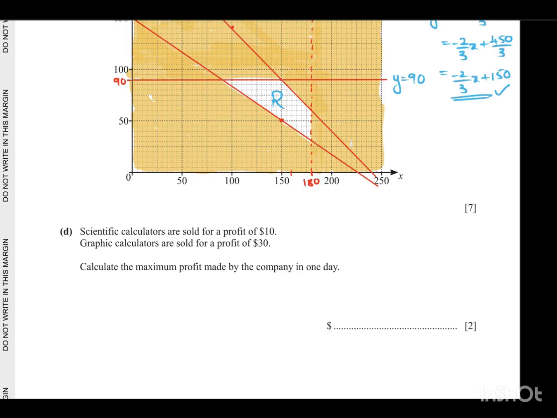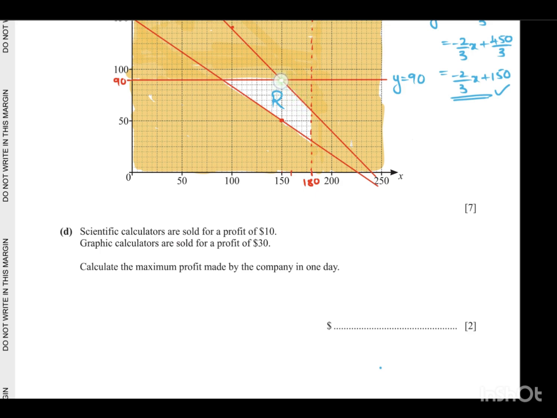Question number D. Scientific calculators are sold for profit $10 and graphic calculators are sold for profit $30. Calculate the maximum profit made by the company in one day. So here, when you see the region satisfying, there are points where we can calculate the profit, and the highest point will be this point where x is 150 and y is 90, because if I take any other point it will be smaller.